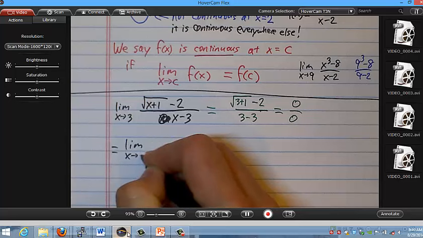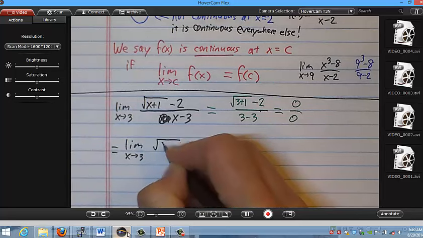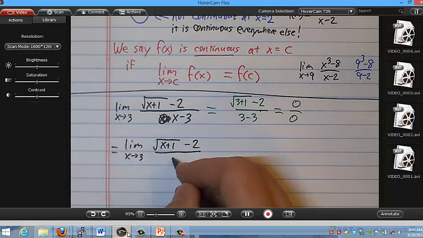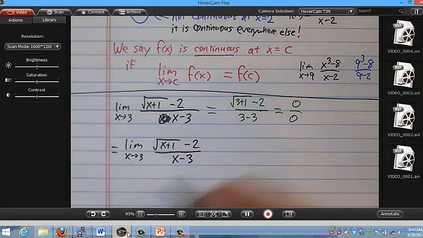So what do? Anybody get this from the reading? Oh, you have it? Did you use the reciprocal, the numerator? So you do square root of x plus 1 plus 2? Plus 2, yeah. So the word that we're going to use for that, okay, this is an old trick.